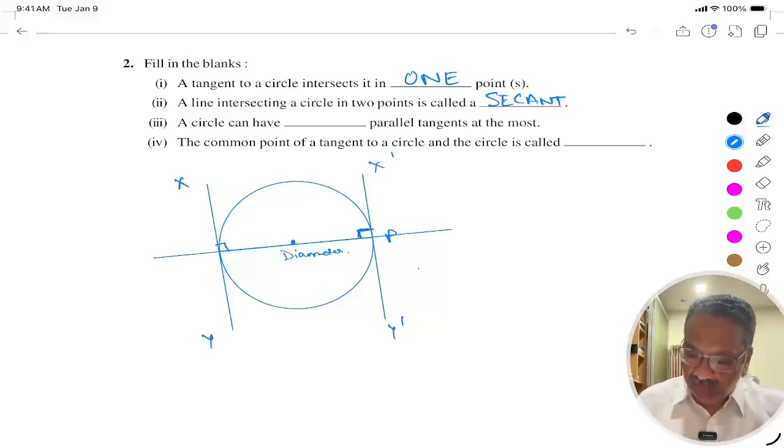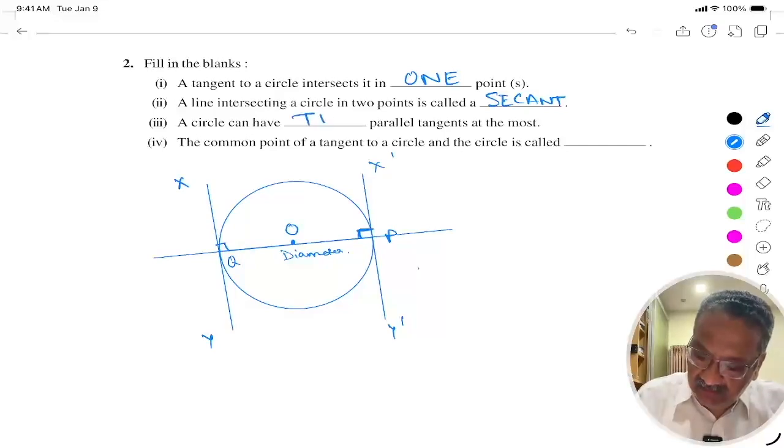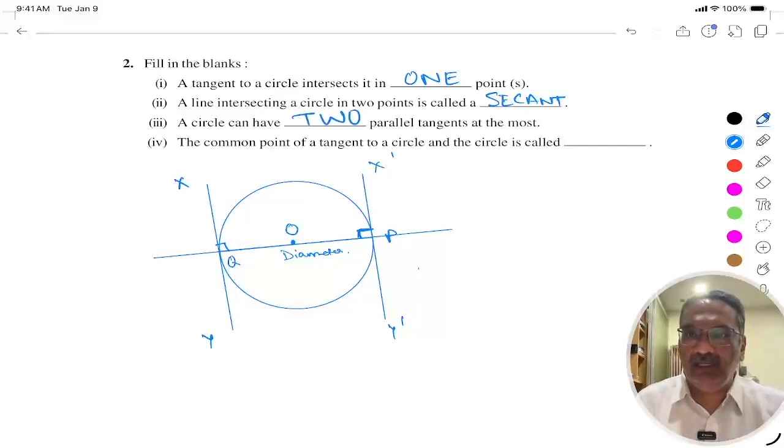So if we have center O and a diameter PQ, the tangents XY and X dash Y dash with points of contact being Q and P are parallel. So at the most a circle can have how many parallel tangents? 2 tangents. So the answer is 2 parallel tangents.